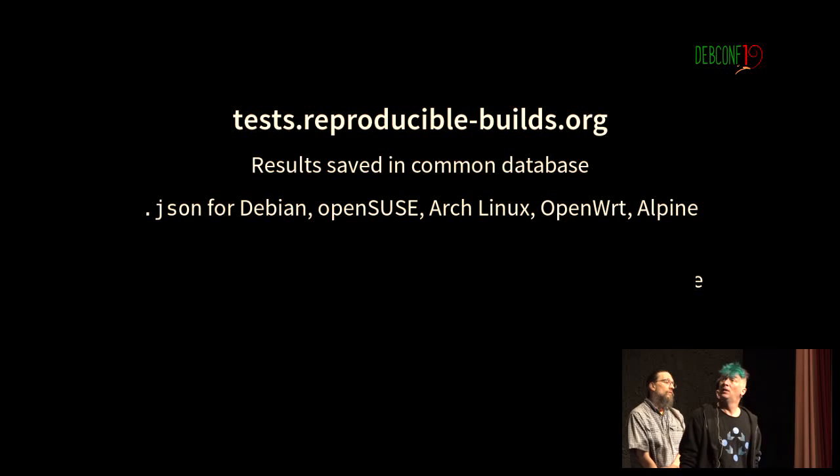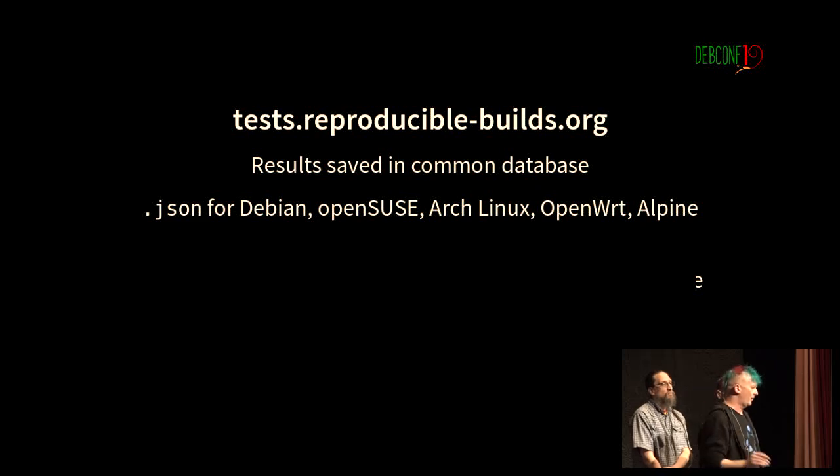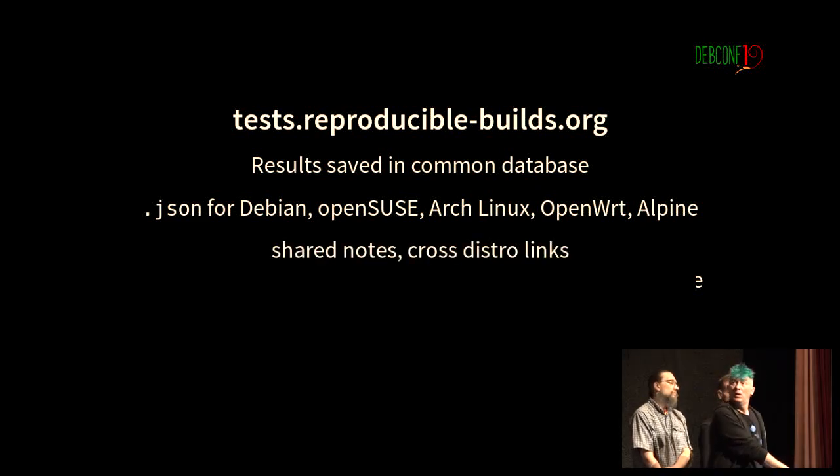For testing reproducible builds, we have this common database, which was already explained, and we have JSON now for several projects which one can query, but these are only these QA results and not real rebuilders. And we still plan to have shared nodes and cross-distro links.